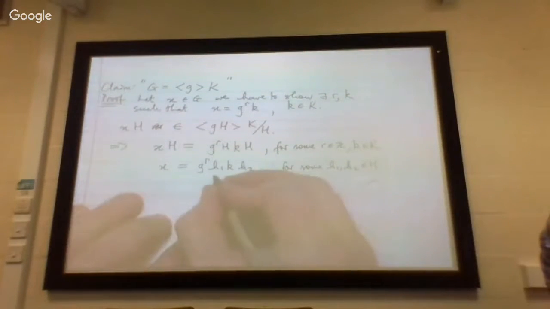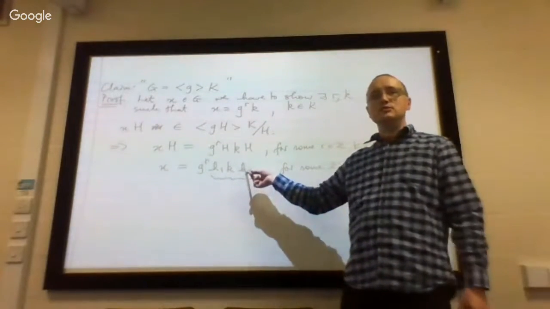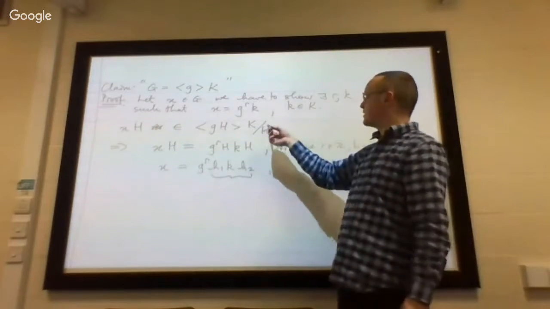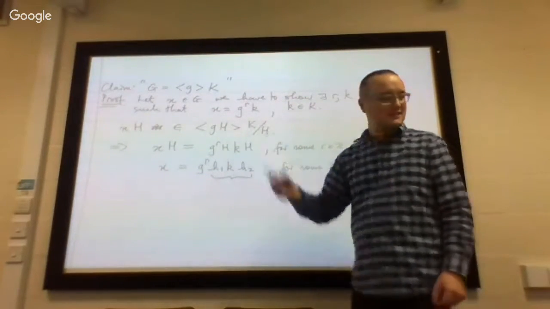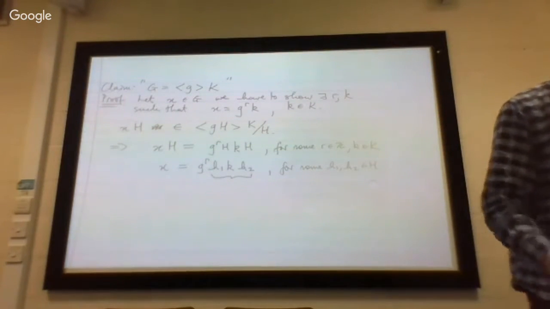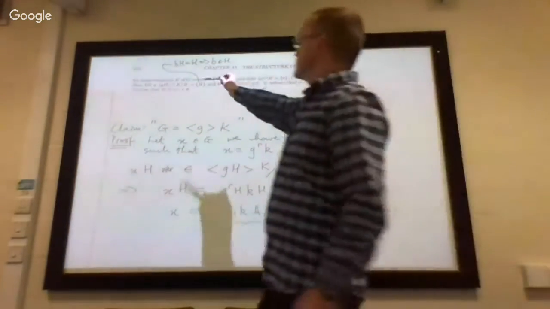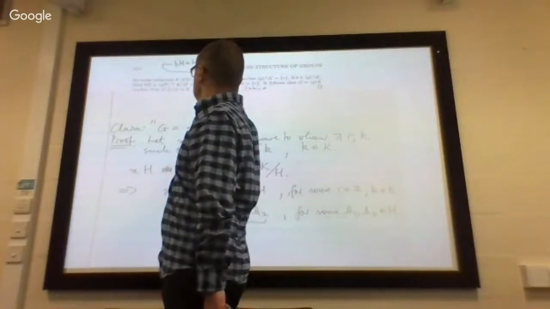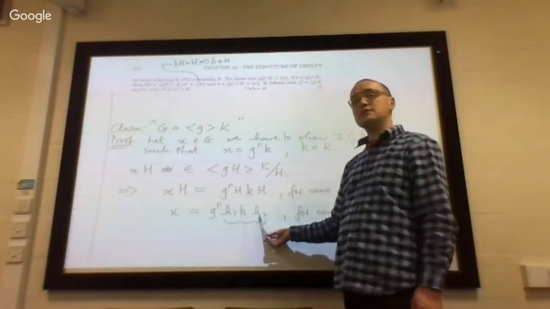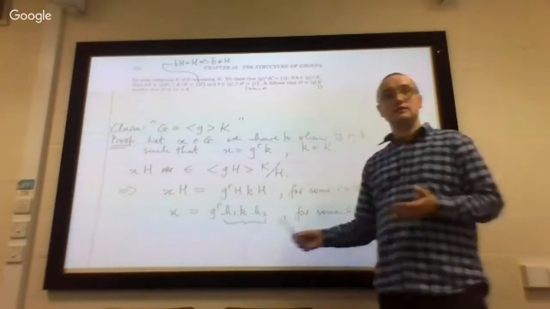Okay, but that triple product there, H1 K H2, is actually an element of K. Remember, H is a subgroup of K. When this K popped into being, it popped into being from applying the inductive hypothesis to the factor group G mod H, but this was some subgroup K of G containing H. So H is a subgroup of K. So this triple product is something from H times something from K times something from H. It's certainly an element of K, because it's three elements from K multiplied together.